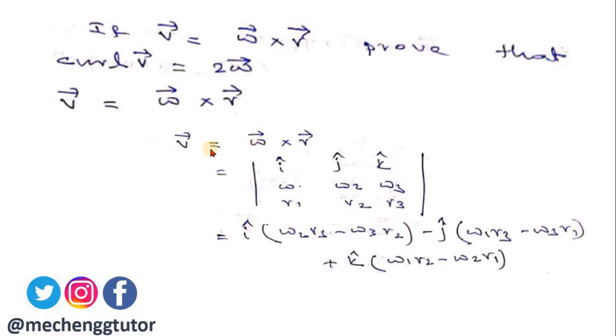We shall calculate that. W bar cross r bar, with i, j, k components, we can take w as w1, w2, w3 and r bar as r1, r2, r3. Expand it: i into (w2 r3 minus w3 r2), minus j into (w1 r3 minus w3 r1), plus k into (w1 r2 minus w2 r1).